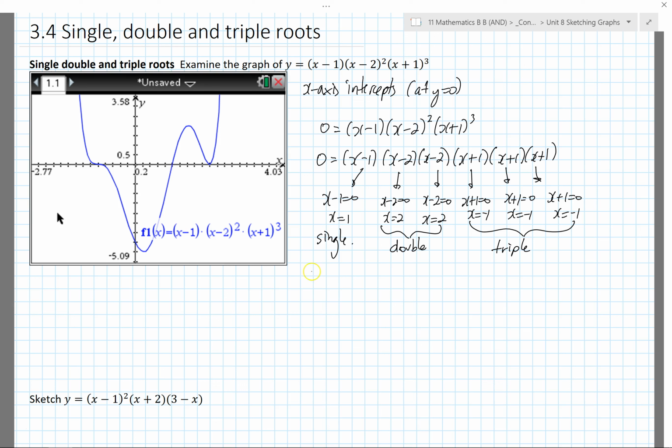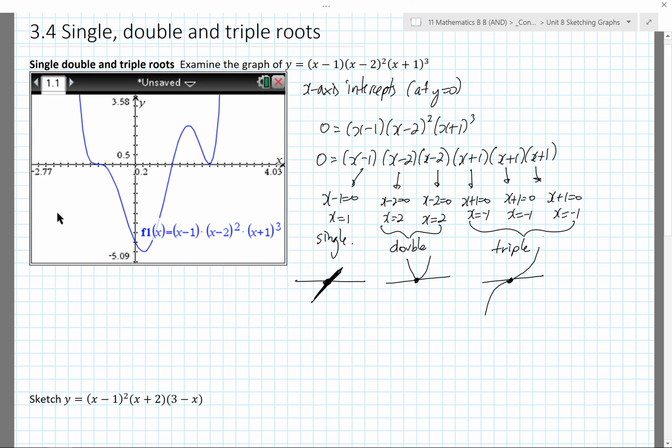So the idea with a single root is that when the graph passes through the x-axis intercept, it'll pass through pretty much like a straight line. However, if I have a double root, it'll just touch the x-axis like a quadratic, like a parabola. If I have a triple root, it's going to pass through like a cubic function would.